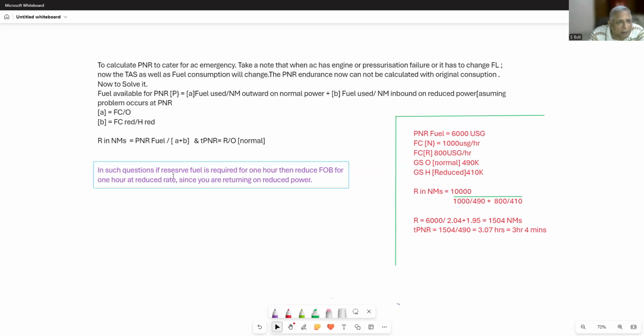To calculate the PNR fuel available, if the reserve given to you is for 1 hour or 2 hours, then reduce your fuel by 1 hour or 2 hours at the normal rate.